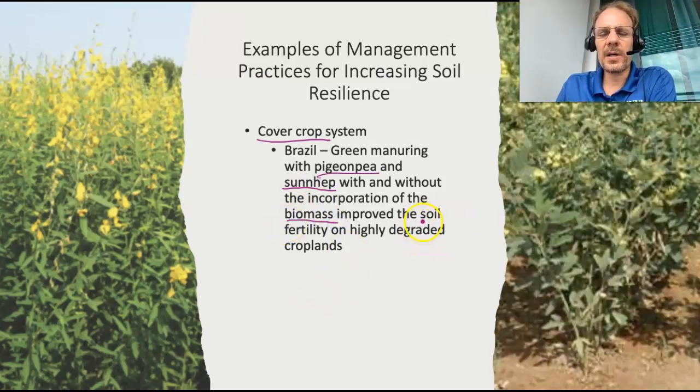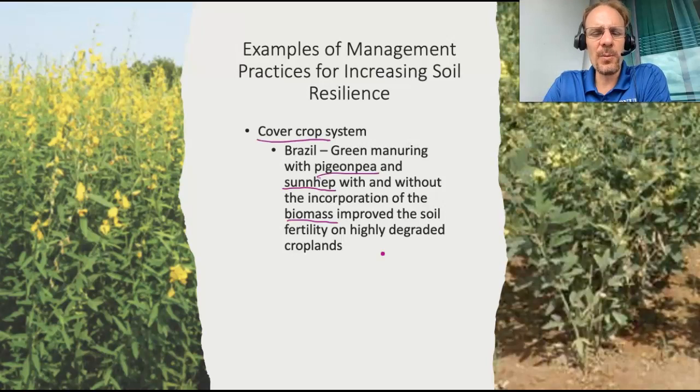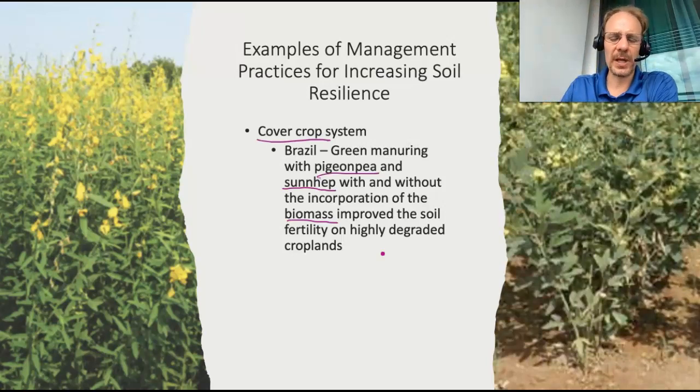Also, we are increasing the soil organic matter and soil fertility of these highly degraded soils in central Brazil. These are ways of providing an increase in soil organic matter. Both of these examples, pigeon pea and sun hemp, are plants that produce a lot of biomass very quickly with little nutrient input, therefore contributing significantly to the soil organic matter content within the soil.